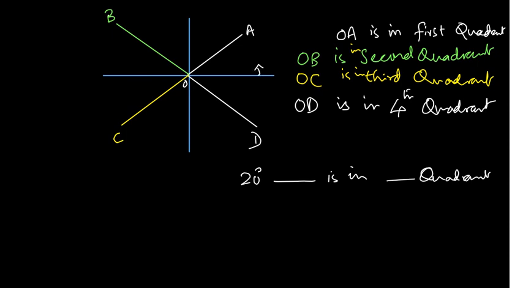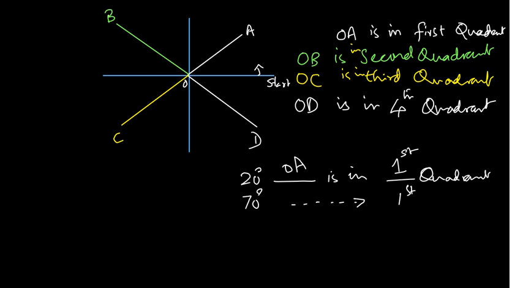Will 20 degrees stop at OA or at OB, or which line? 20 degrees is OA, in the first quadrant. I will give you 70. Still it's OA, and the first quadrant.